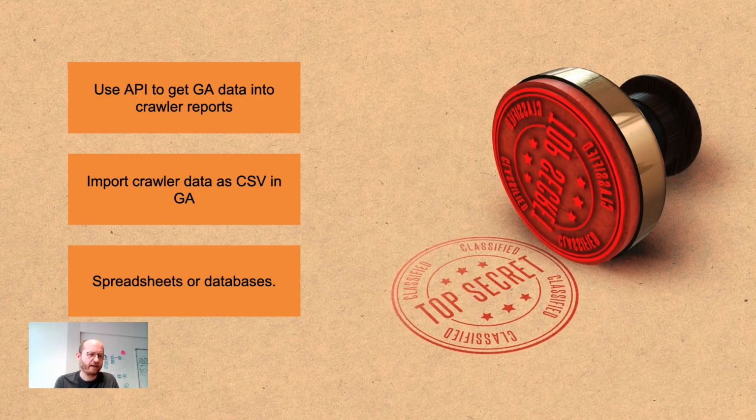Do a custom data import. And then the third way would be to use a spreadsheet or a database and join the data using spreadsheet or database. And then you would need, for example, some kind of BI tool for looking at the data.